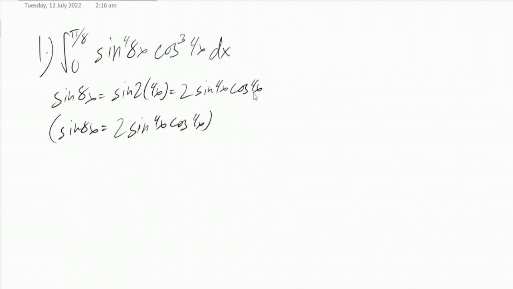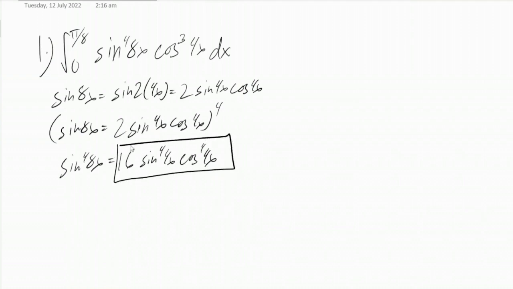Now if we raise all of this to the power of 4, we will have sine to the 4th of 8x, which equals 2 raised to 4 is 16, and then sine raised to 4 of 4x cosine raised to 4 of 4x. So we are going to be using this trigonometric identity.